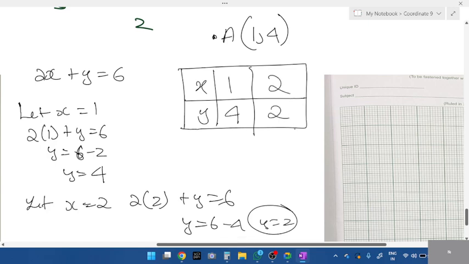Did we get two points? Point A is 1 comma 4. What is point B, students? Point B is 2 comma 2. Completed. Draw the graph, plot this. That's it. You try the next question for homework. Very simple chapter. Even the next exercise is very easy.